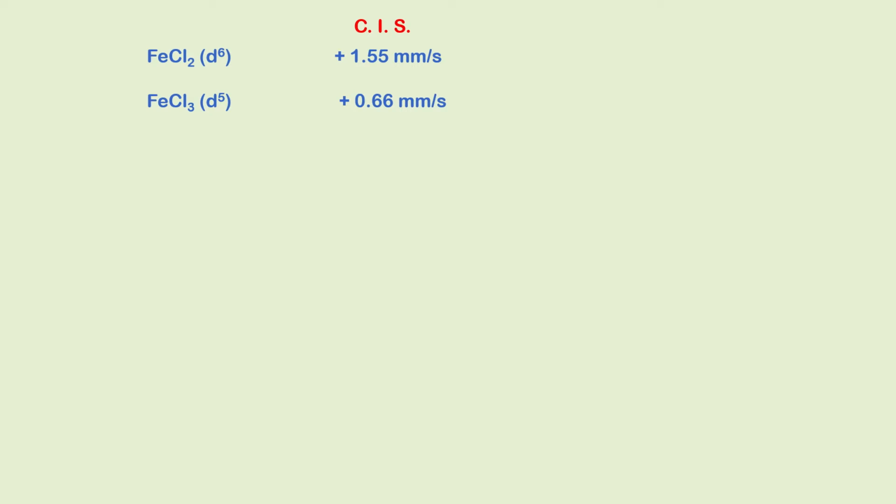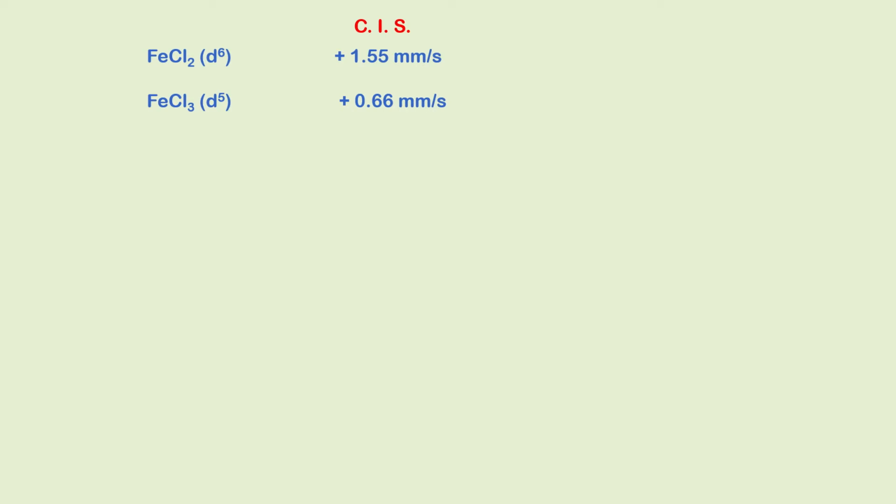The CIS of FeCl2, a d6 system, is higher compared to the d5 system in FeCl3. CIS of FeCl2 is 1.55 mm per second and for FeCl3 it is 0.66 mm per second.